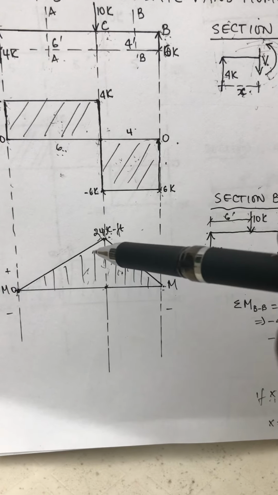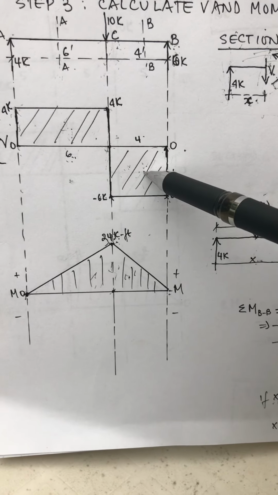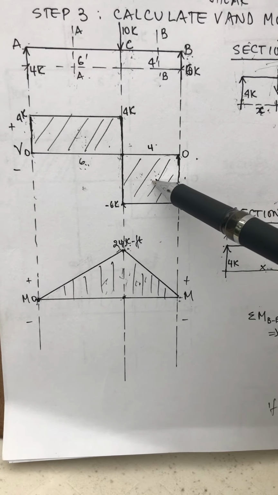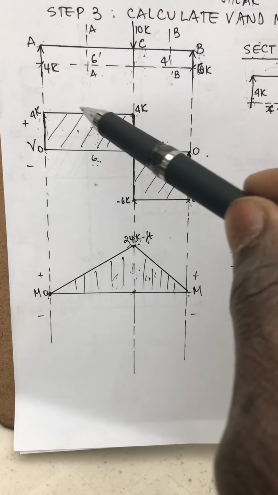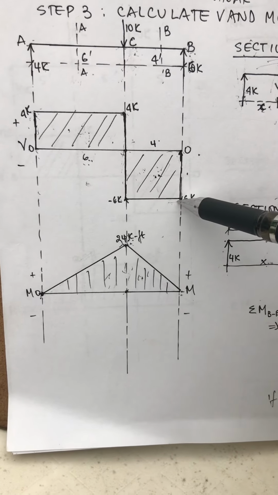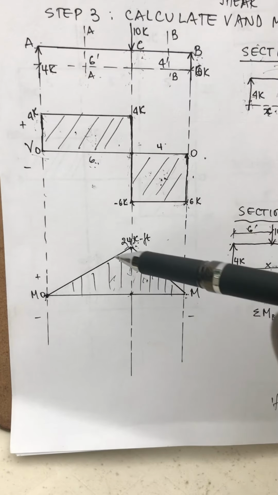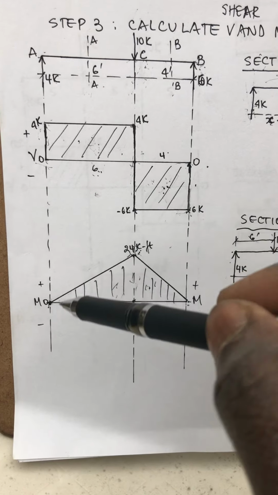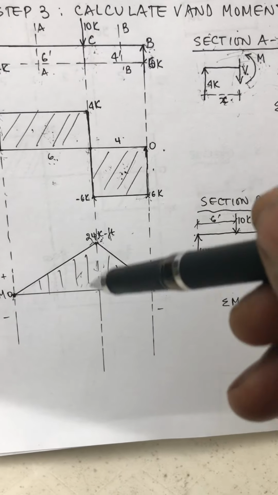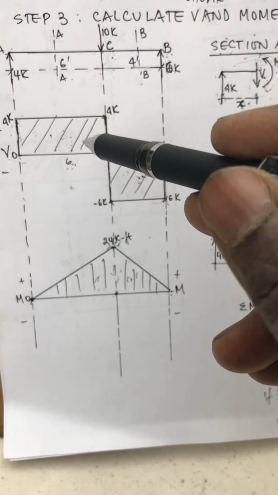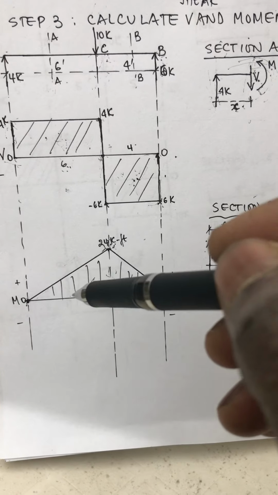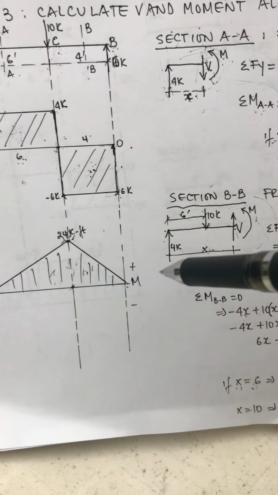The maximum moment is the area of either this rectangle or that one. It's going to give you the same. Over here you have 6 times 4, 24. Over here 6 times 4, 24. This is the 24 we have here. Okay, thank you. That's how you draw your shear and moment diagram.